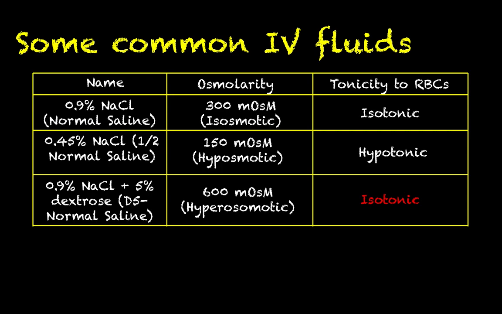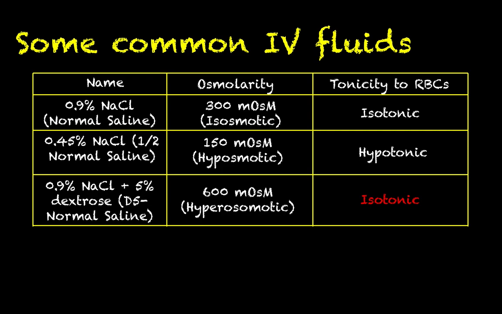So even though this solution has a very high osmolarity, it's not going to cause cells or red blood cells to burst. Here's why. That glucose is not going to stay in the blood plasma for very long. The purpose of glucose traveling through the blood is to get absorbed by cells throughout the body so that they can use that glucose for cellular respiration.